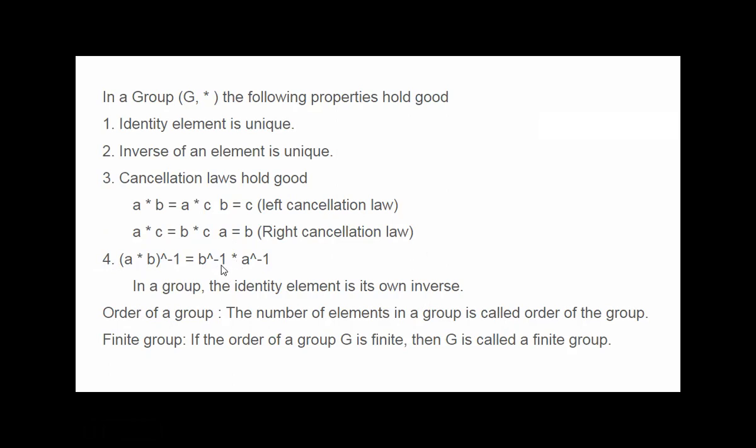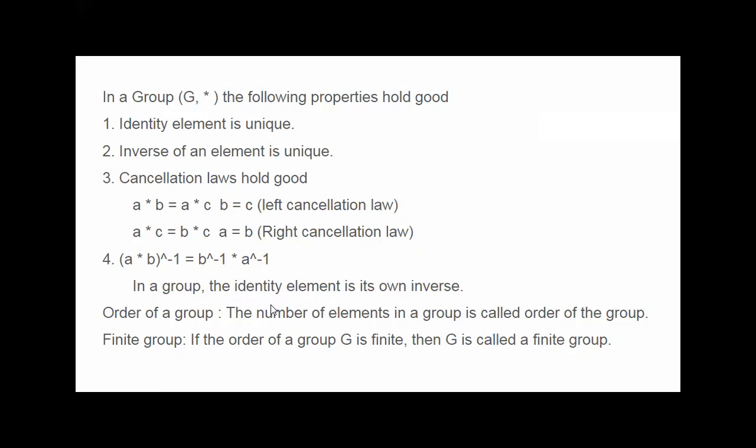Whatever elements we have taken here, (A star B) inverse gives B inverse star A inverse. Both sides are equal. In a group, the identity element is its own inverse.